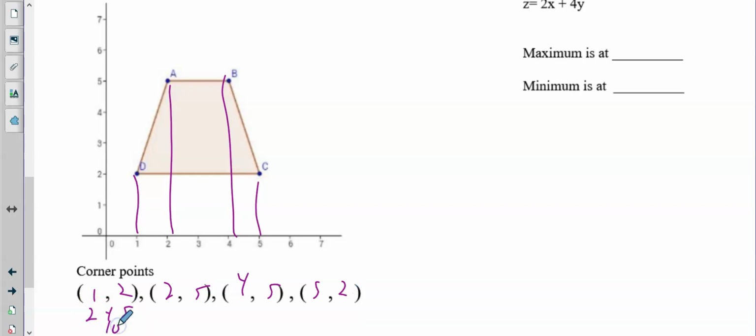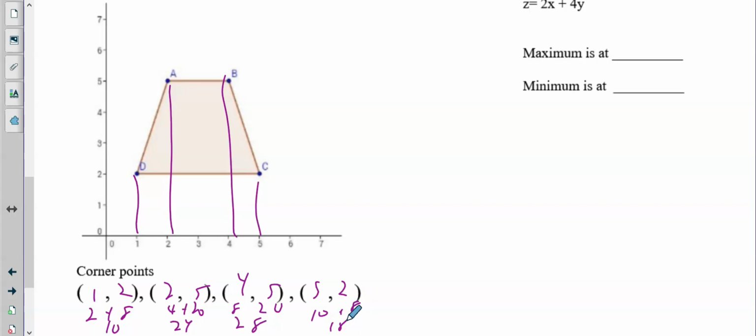That's 10. 2 times 2 is 4, plus 5 times 4 is 20. 4 times 2 is 8. 5 times 4 is 20. And then 2 times 5 is 10. And 4 times 2 is 8. So that's 18.